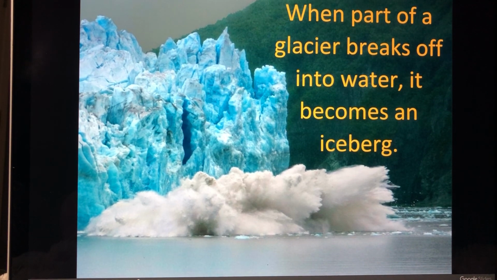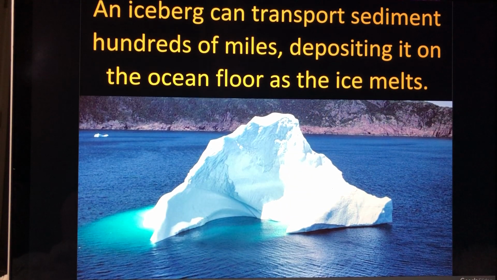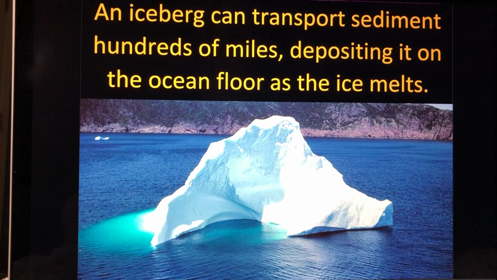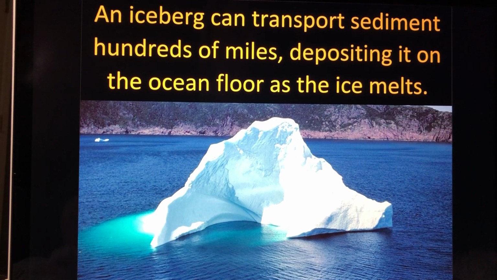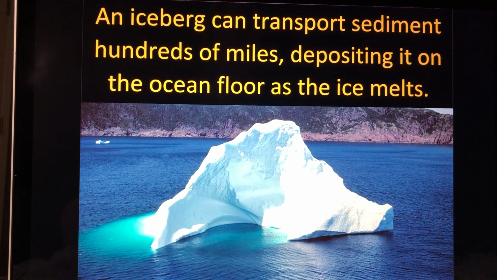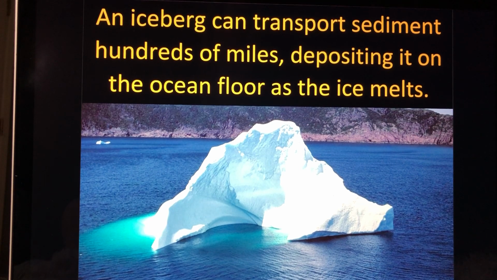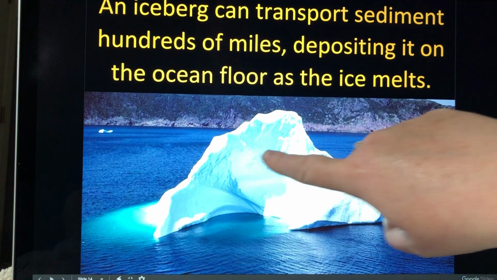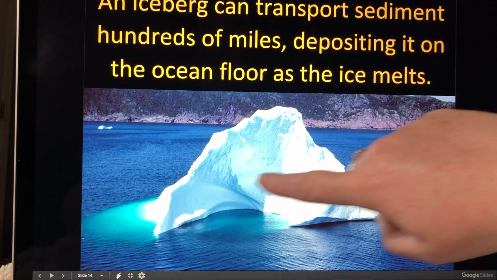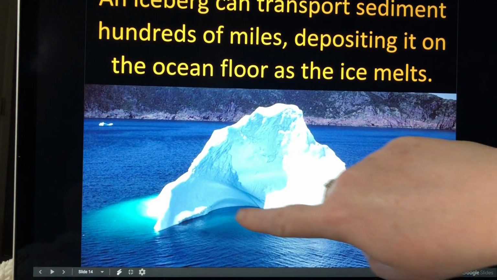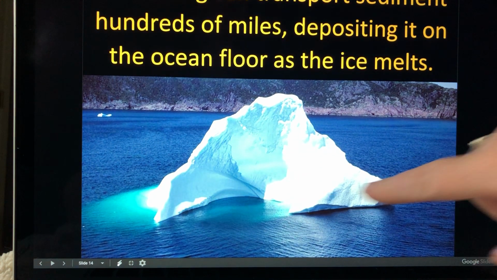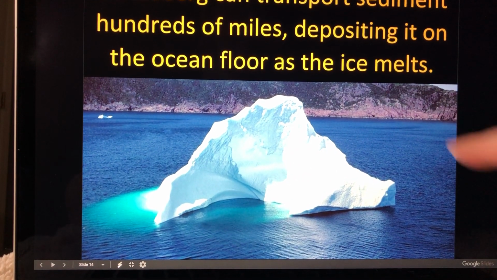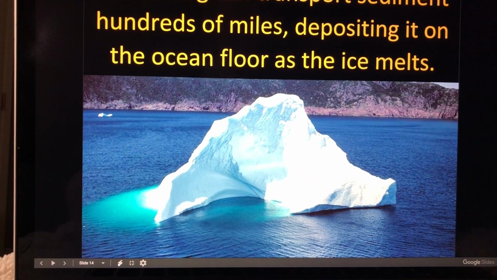That's a cool picture. An iceberg can transport sediment hundreds of miles, depositing it on the ocean floor as the ice melts. This is a cool one because you can see where it broke away from the glacier, landed in the water. You can see it's kind of white underneath, so it goes under the water. That's a really cool shape there.